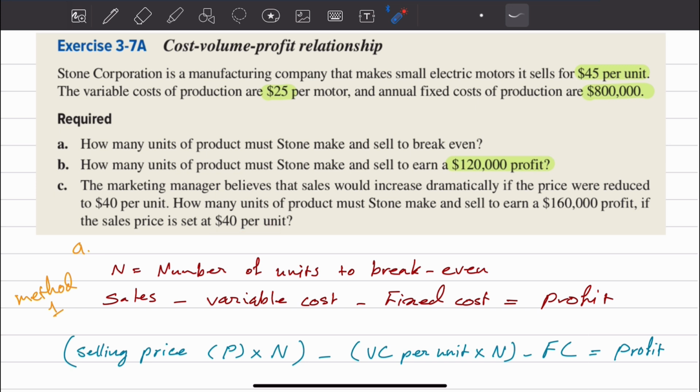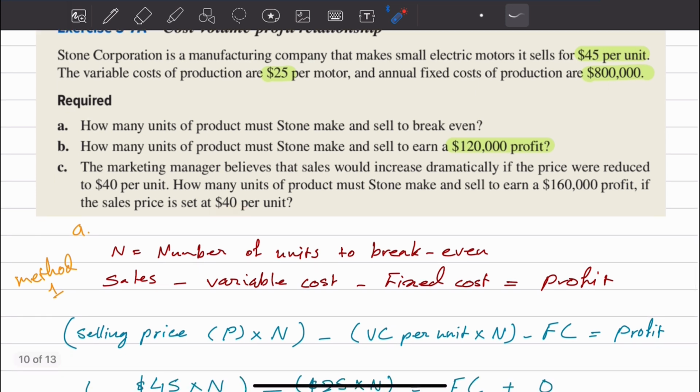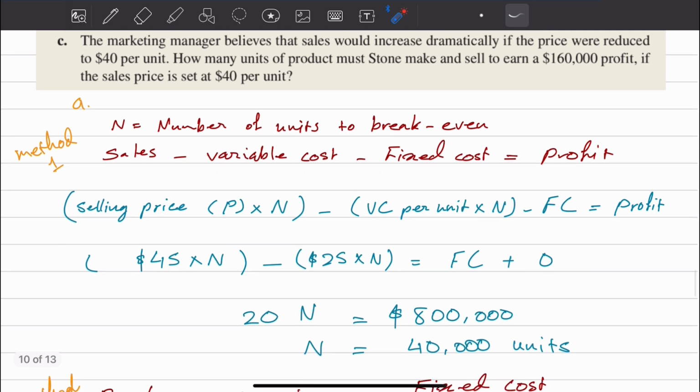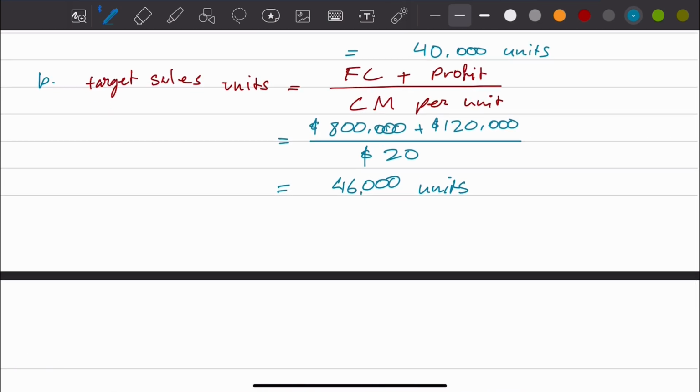So now our variables are going to change in this scenario. So P, which stands for the selling price, is going to become 40, and the profit, or the target profit, is going to increase from 120 to 160,000. So we have two inputs that are going to be changed, right?